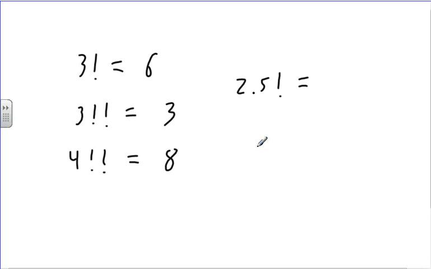Anyway, in order to find 2.5 factorial, you need a gamma function table, and let's see if our book has one. Maybe they do. I normally bring one, but it's stuck in the other. So gamma function, page 250 and 268.